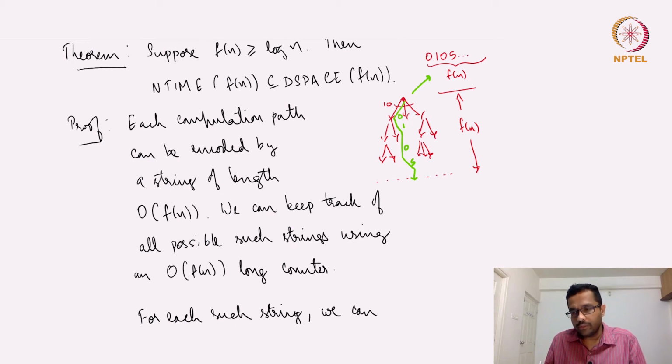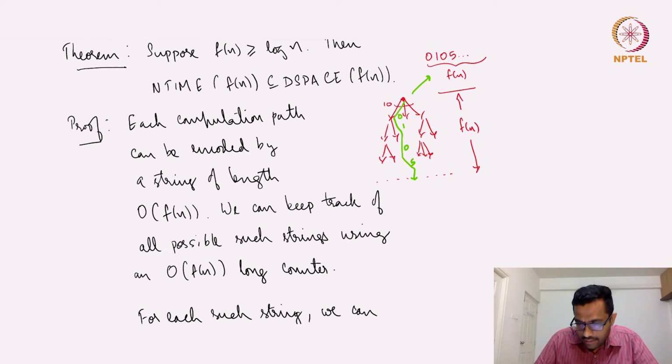What we can do is have a counter. Here we are saying 0, 1, 0, 5 is the identity of this path. So you can have a counter that generates all the length f(n) sequences: 0, 0, 0, 0, then 0, 0, 0, 1, then 0, 0, 0, 2, 3, and so on. These are all possible paths, and for each of these paths the machine can execute this computation.